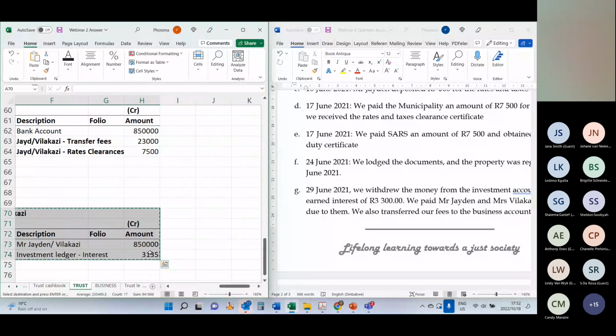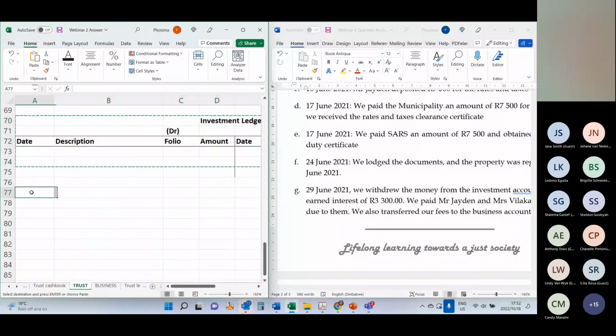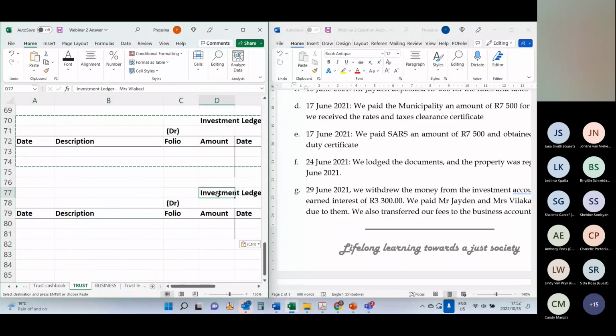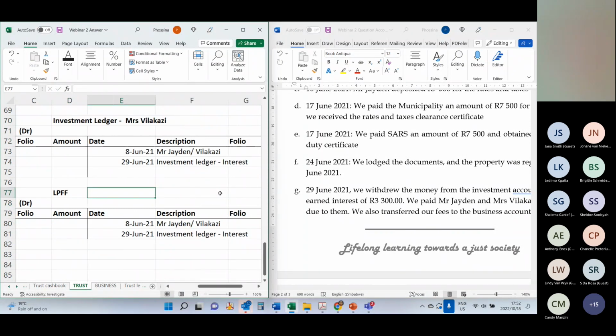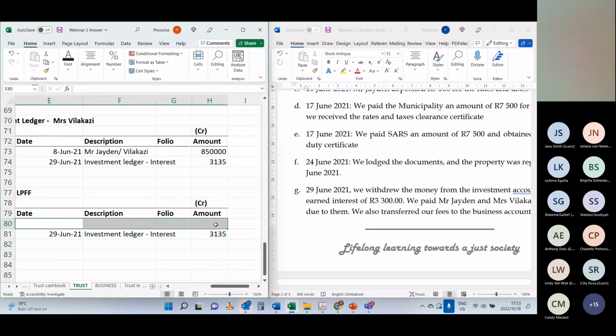The ledger that I'm creating now is to cater for the 5%. And the 5% belongs to who? It's the fund, the Legal Practice Fidelity Fund. I hope you follow. And how much is the fund receiving upon withdrawal? Upon withdrawal, the fund is receiving 5% interest, which is due.